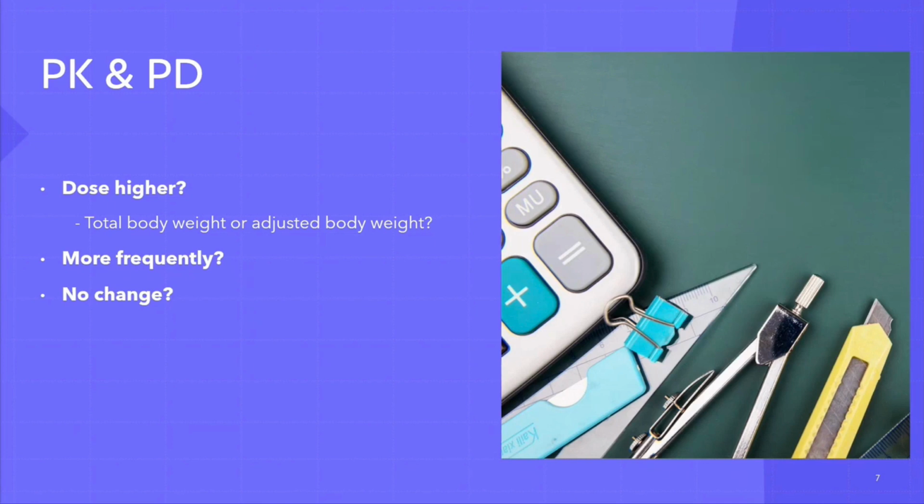Or do we simply just need to give the antibiotic more frequently? Maybe we need to do both, increase the dose as well as give it more frequently. Or based on the drug characteristics, is no change needed for a particular agent? That's what we'll be thinking about going through the different PKPD parameters.